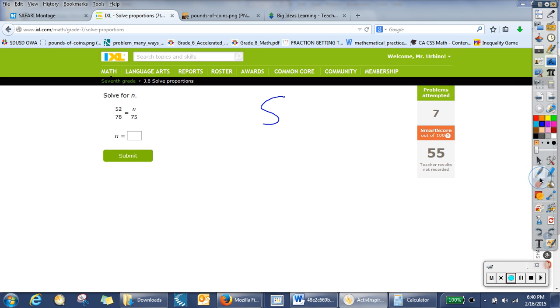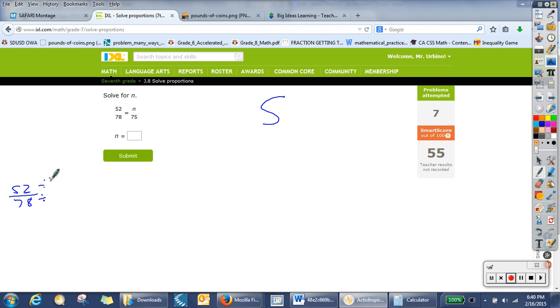I'm going to have to simplify this ratio all the way down before I can do this problem. So what I can do is divide these numbers by a number I know that I can divide both of them by. I know that they're both even numbers, so I can divide them by 2.